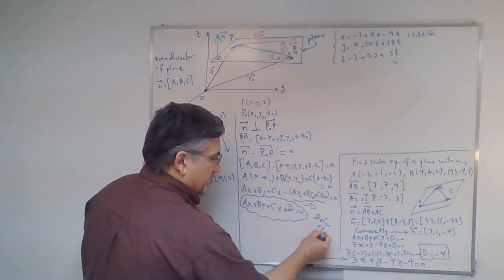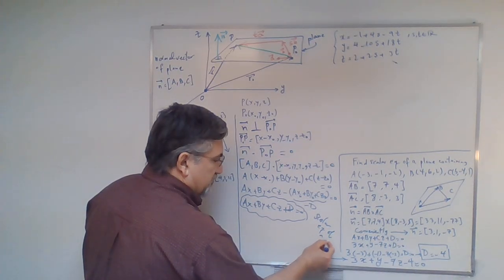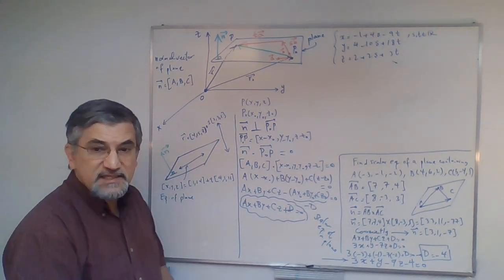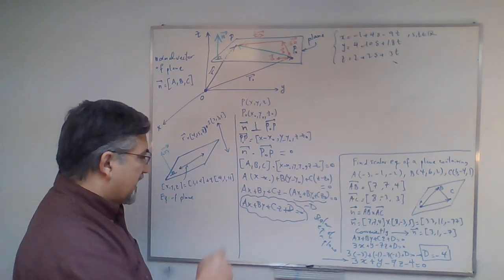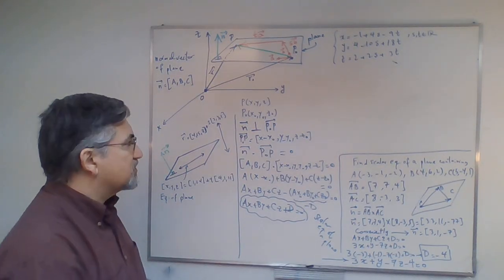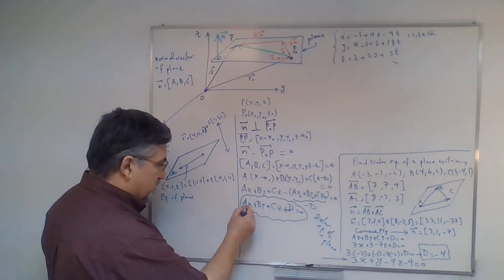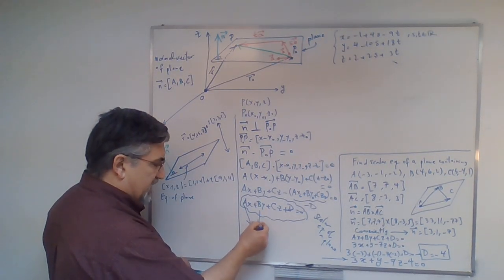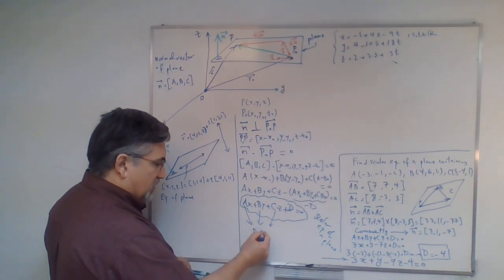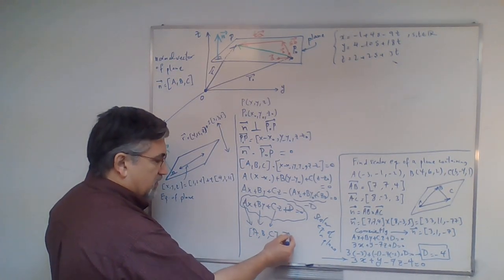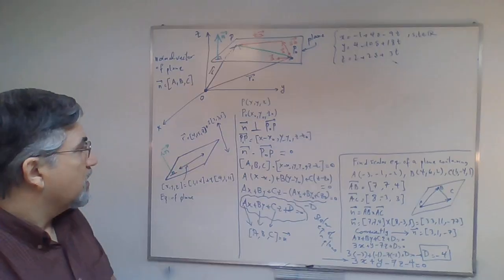So scalar equation of a plane is in this form of ax plus by plus cz plus d equals 0. And a, b, c here are actually the components of the normal vector. So these coefficients of x, y, z, a, b, c, are actually the components of the normal vector of the plane.